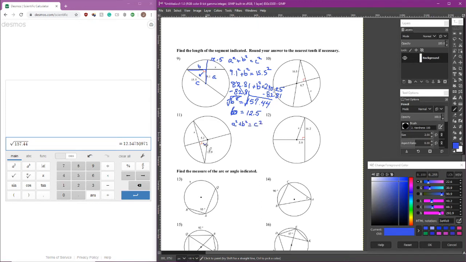And right angle always points to the hypotenuse, so there is C. Here's A. This side that we don't know is B. So we're going to put in for A 5.2 and square it because of the formula. B squared we don't know, so leave it that way. C was 13.9 and square it.